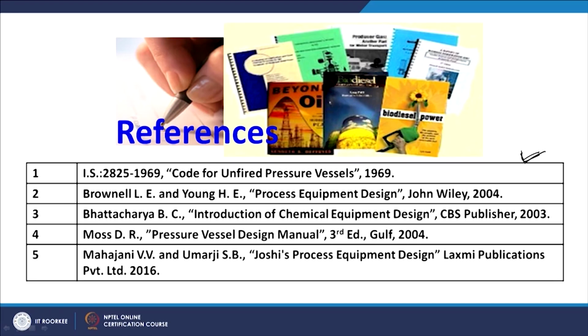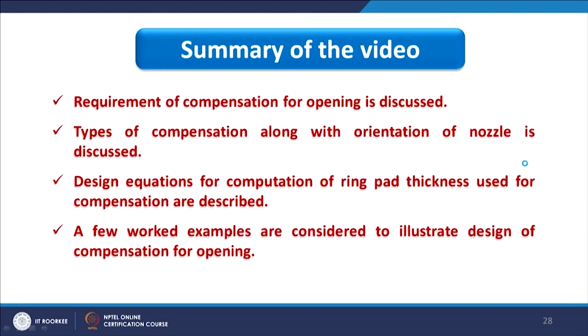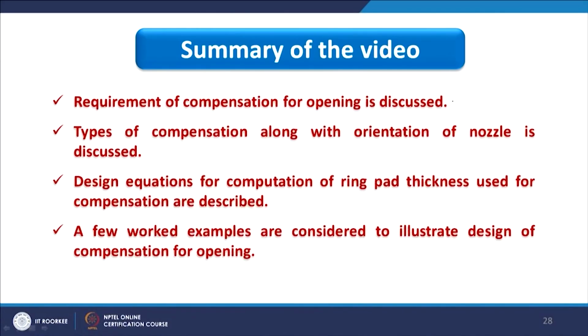You can go through these references, and here I have a summary of the video, and this summary is related to lecture 4 as well as lecture 5, and it goes as: requirement of compensation for opening is discussed, types of compensation along with orientation of the nozzle are discussed, design equation for computation of ring pad thickness used for compensation is described, and further we have solved a few examples to illustrate the design of compensation for opening. Okay. So that is all for now.